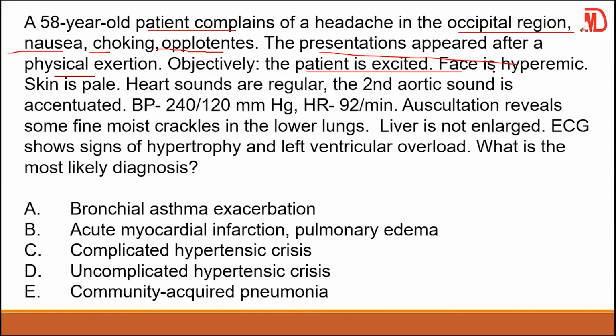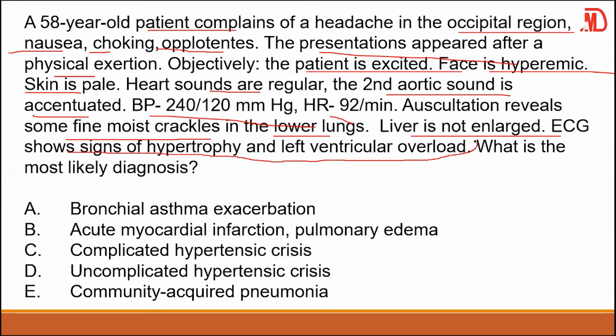Patient is excited, face is apyretic, skin is pale, heart sounds are regular, second aortic sound is accentuated, BP 240/120, heart rate 92. Auscultation revealed some fine moist crackles in the lower lungs, liver is not enlarged. Now look at your ECG. ECG shows signs of hypertrophy and ventricular overload.